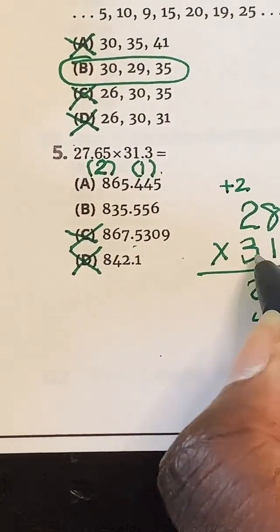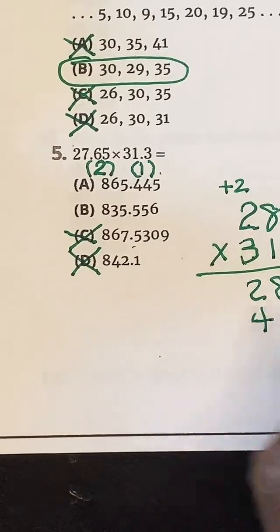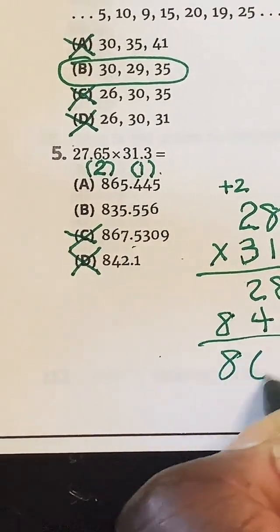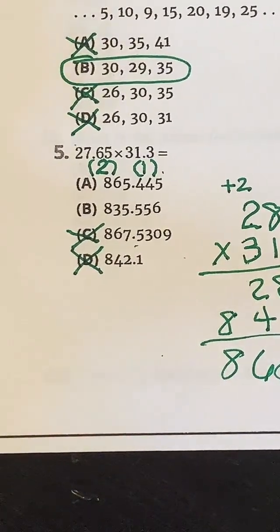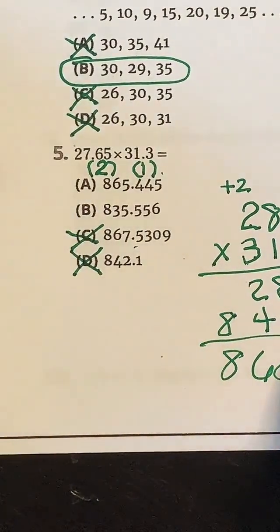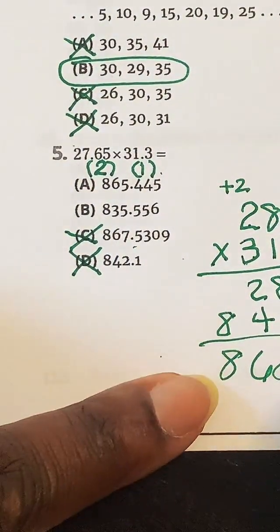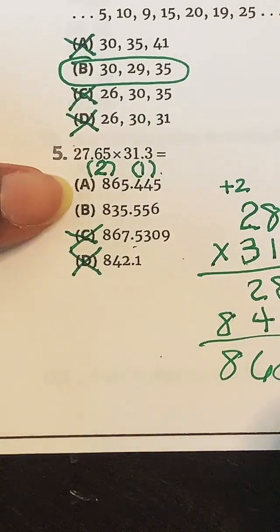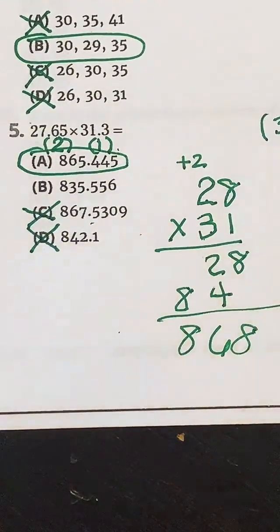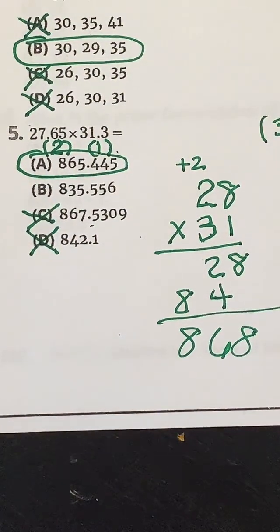Carry over my 2, 3 times 2 is 6, plus 2 is 8. So we have 868. Remember, we rounded up, so we want a number that's slightly below this. The only one of the two that's slightly below is going to be A. Does that make sense? It's a lot faster when you can do that process of elimination.